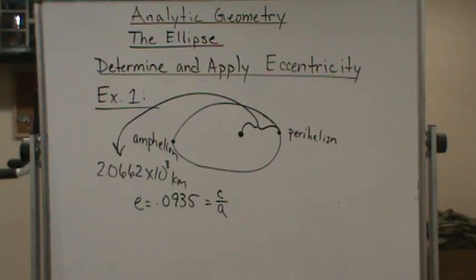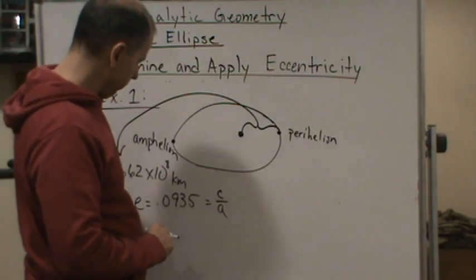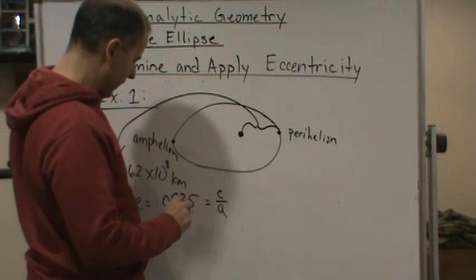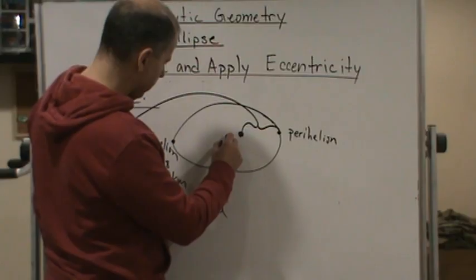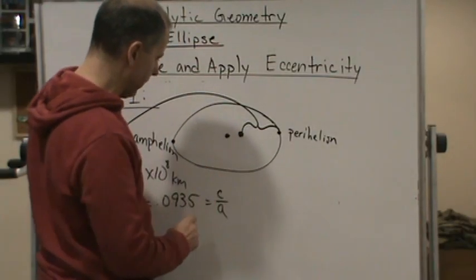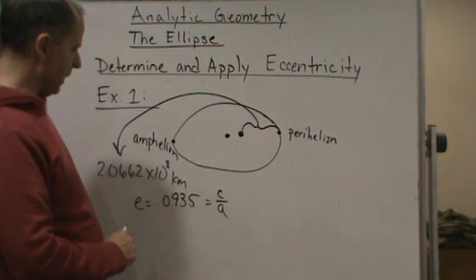Well, here's the thing. So we have the center, right? We know the center of the orbit, of this elliptical orbit, is going to be maybe somewhere over there, right?